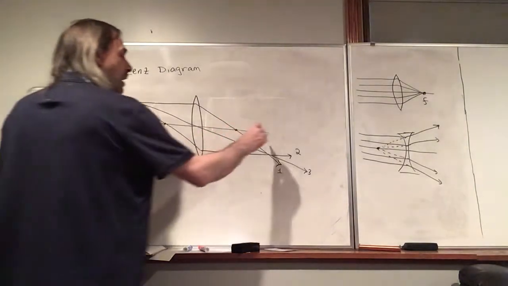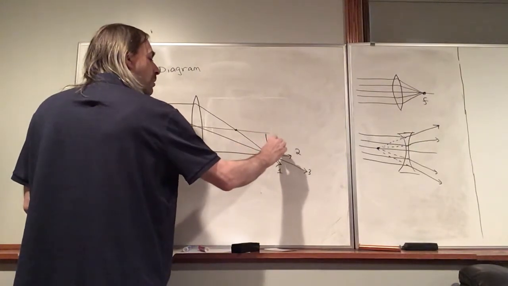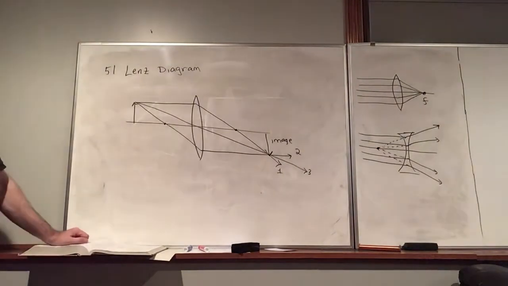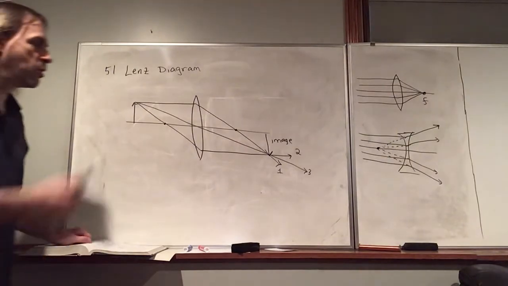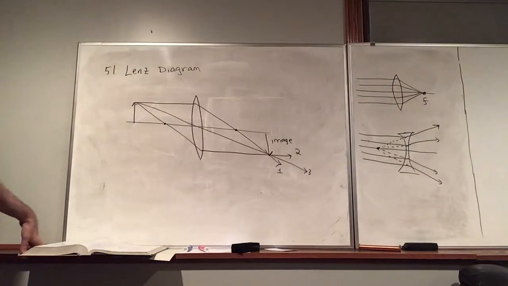But anyways, this would be our image where these three converge. So here we have a real inverted image. As far as the magnification, I'm not going to say, because it's hard to tell. Looks about the same size. Could be a little bigger or smaller, depending on where we put this object.